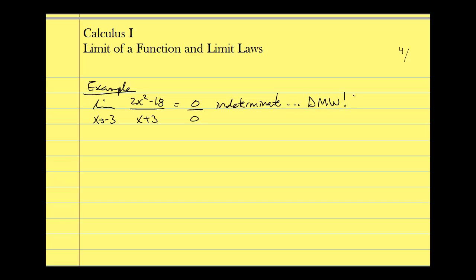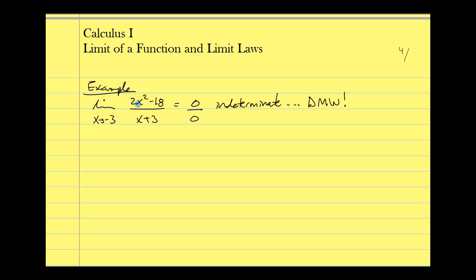Now we have DNE, which stands for does not exist, and we have DMW, which stands for do more work. DMW is not a standard notation that you'll see in any math class. That's kind of my abbreviation for do more work. What you need to remember here is the DNE, does not exist. So, do more work. Does the limit exist or not? I need to figure that out.